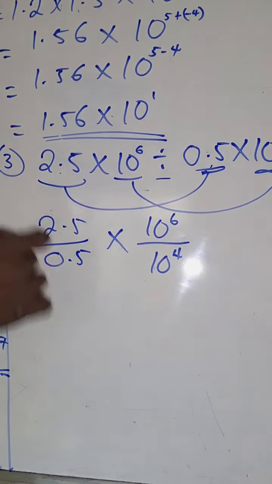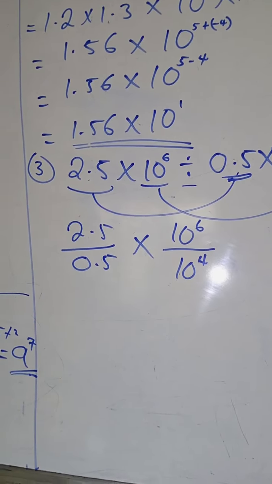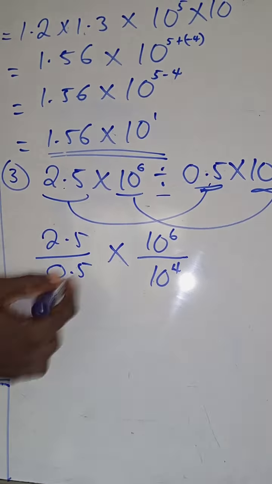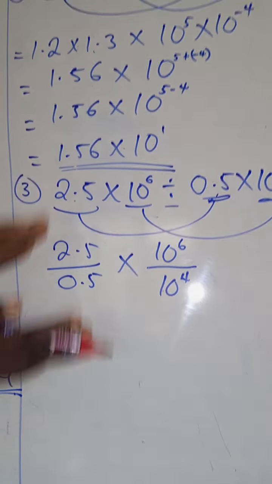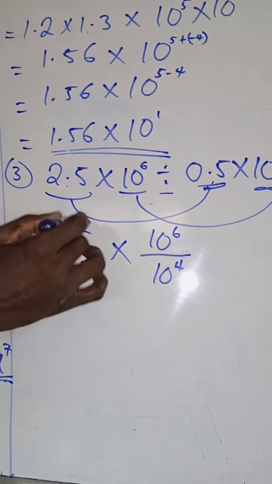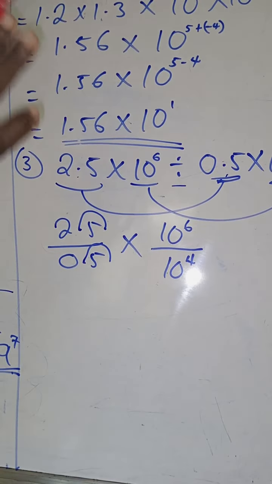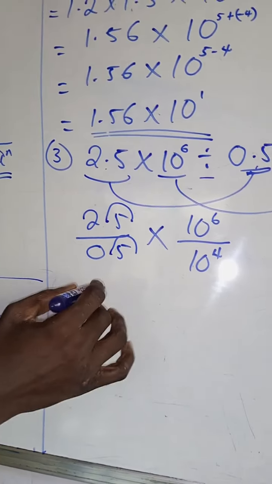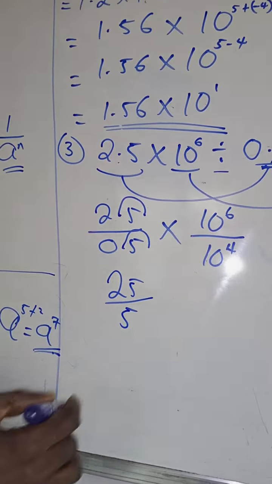Now, if I want to divide this, I tell my students that it's very easy. When you want to divide decimal numbers, shift the point in equal proportion. So I shift this one's point once, and I shift this one too once. That's all, and this will now be 25 divided by 5.